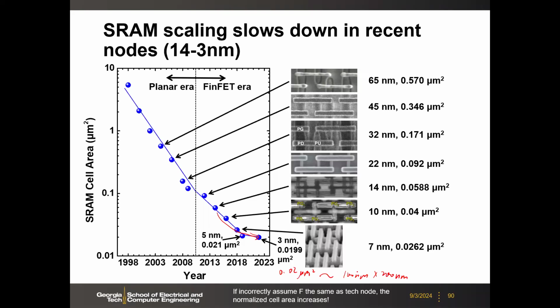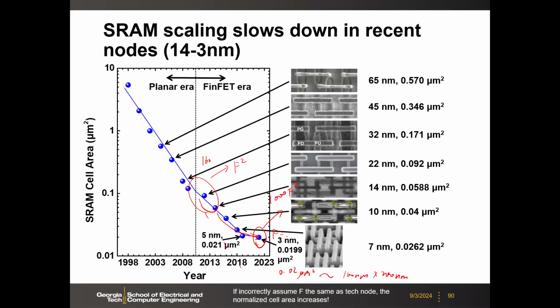Child like mentioned that if we incorrectly assume F as the technology node, so in general, like based on the homework that we have seen, F has been assumed as the technology node, but how low can the value of F go? So that's why F is becoming meaningless, right? In this region, if you normalize to F squared, if you still use F as the same as the technology node, then we see that it's 160 F squared. But here, because it's not following this trend, if you use F equal to 3 nanometer, then the SRAM cell becomes, I did that, actually more than 1000 F squared.